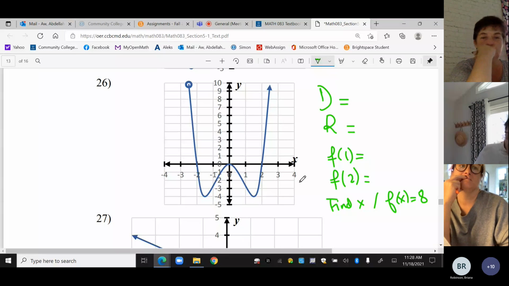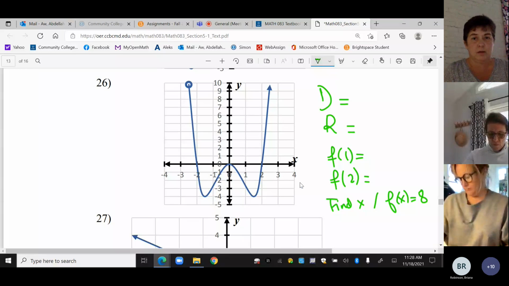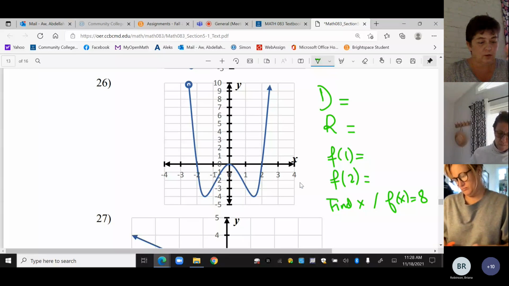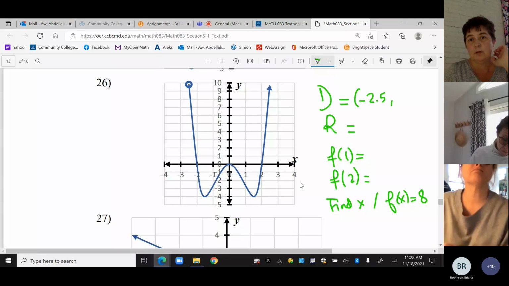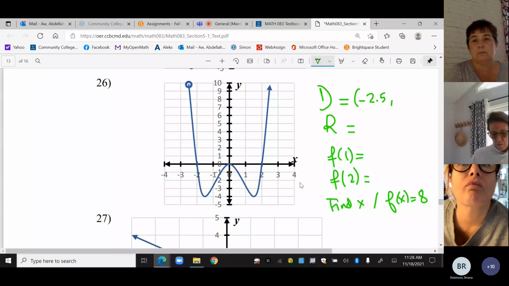All right, everybody. Somebody, can you give me the domain? What do you think? Negative 2.5 with a parenthesis first, negative 2.5, comma, 2.5, a parenthesis. Okay, so I agree with the negative 2.5. But here, what do we see at the right end?